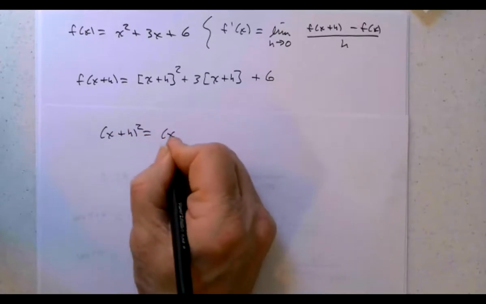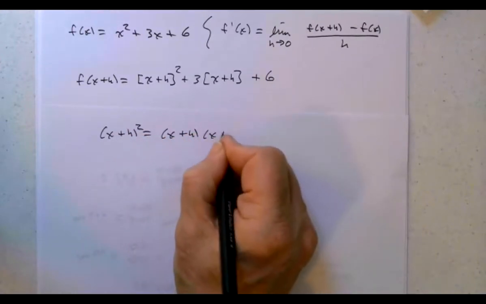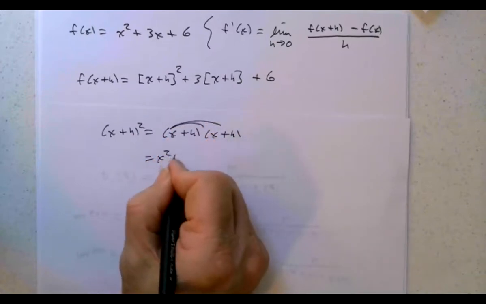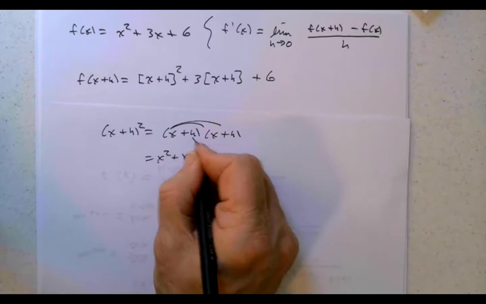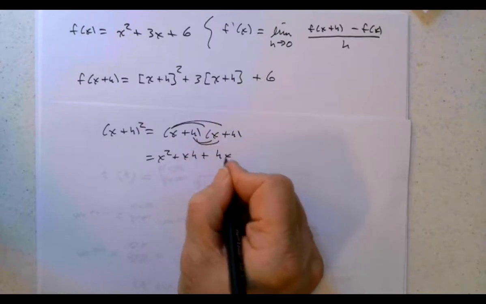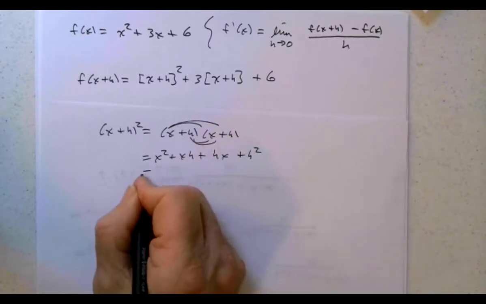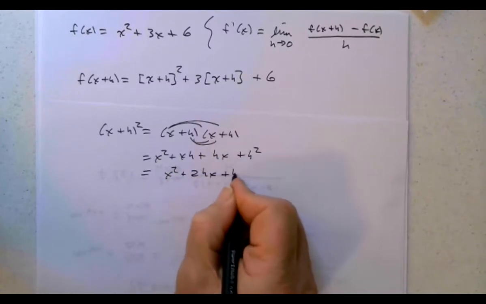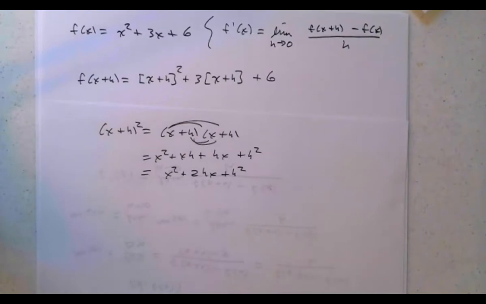X plus h squared is x plus h times x plus h. X squared plus xh plus hx plus h squared, which gives me x squared plus 2hx plus h squared. So that's our x plus h squared.